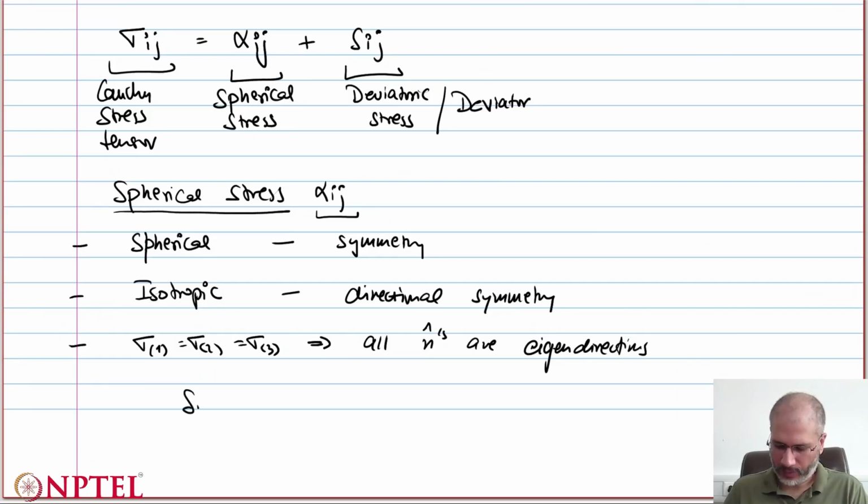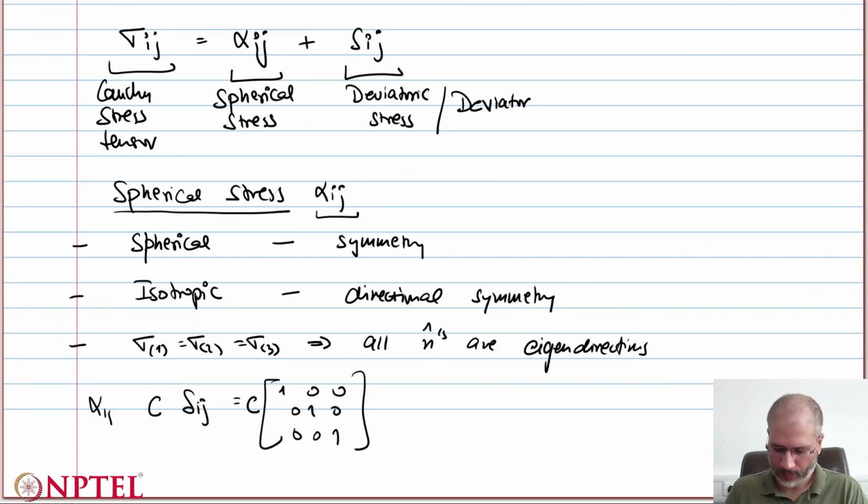So I can write an isotropic tensor delta ij as 1, 1, 1, and the spherical part would be some constant times this value, because any scalar multiple of an isotropic tensor delta ij is also an isotropic tensor, as we have seen in the past. And I leave it to you to check that if you multiply this alpha ij with any n hat, you end up getting the same n hat multiplied by the constant c.